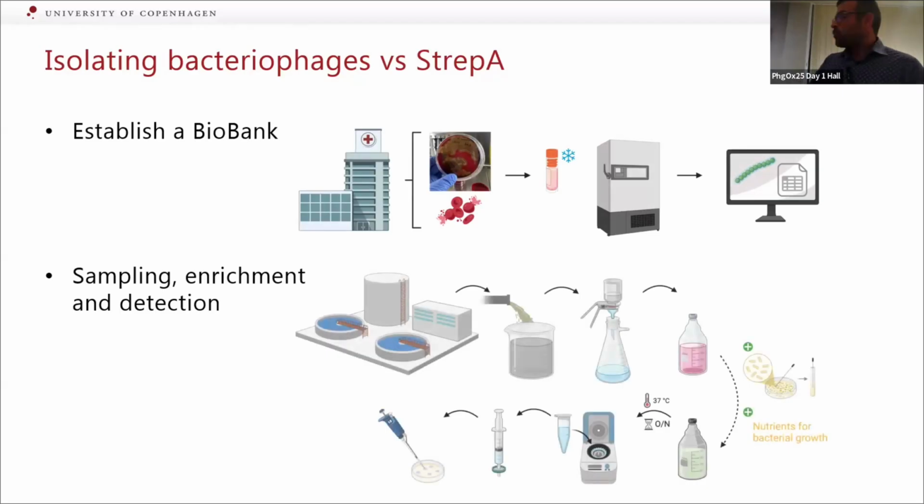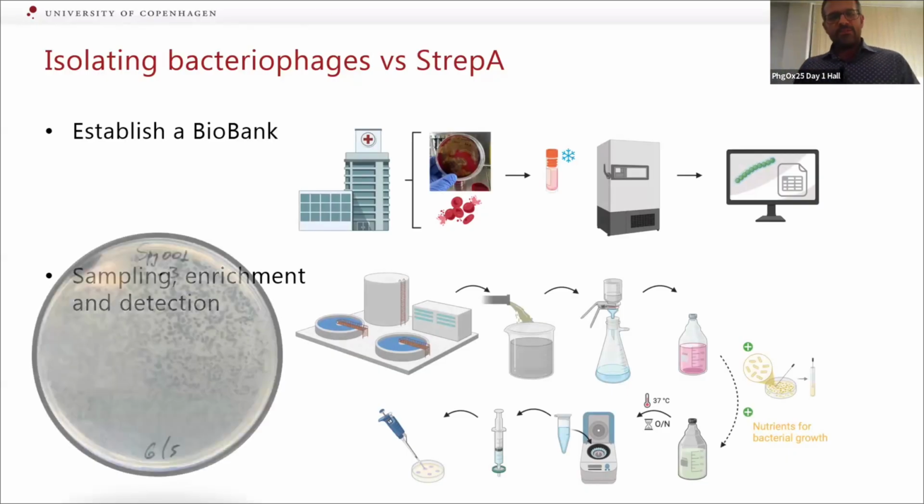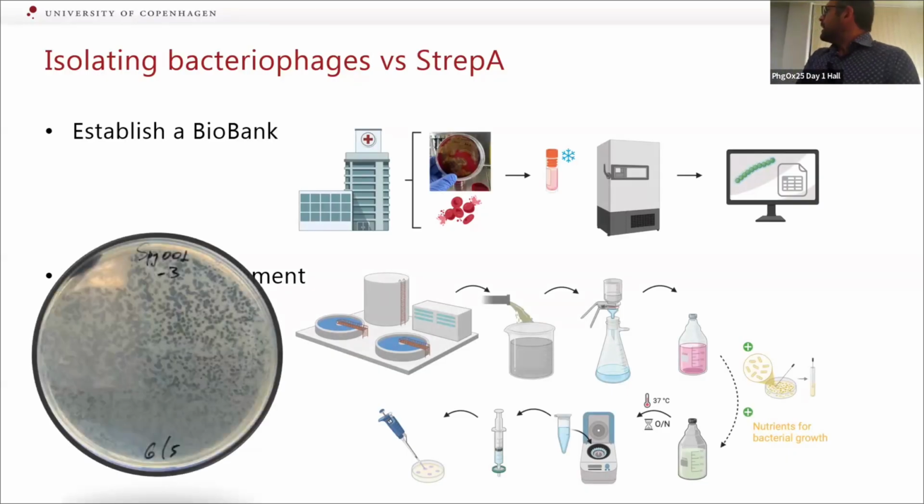We took a lot of samples from wastewater treatment plants and also wastewaters from different urban setups from Denmark, UK, and Japan to try to find phages. It was quite tricky, but eventually we found something.